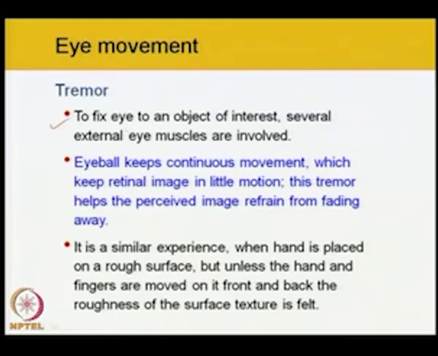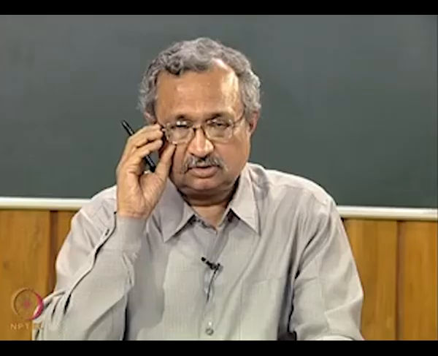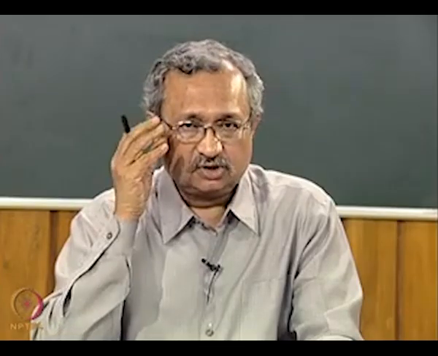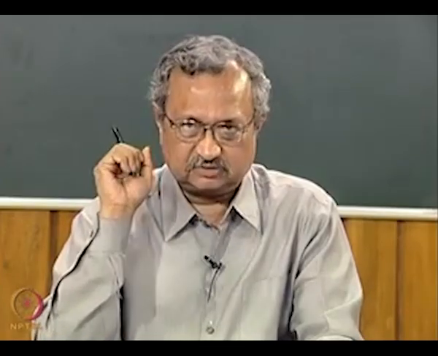To fix the eye to an object of interest, several external eye muscles are involved. Those eye muscles are holding the eyeball in that place. So, their movement focuses it.